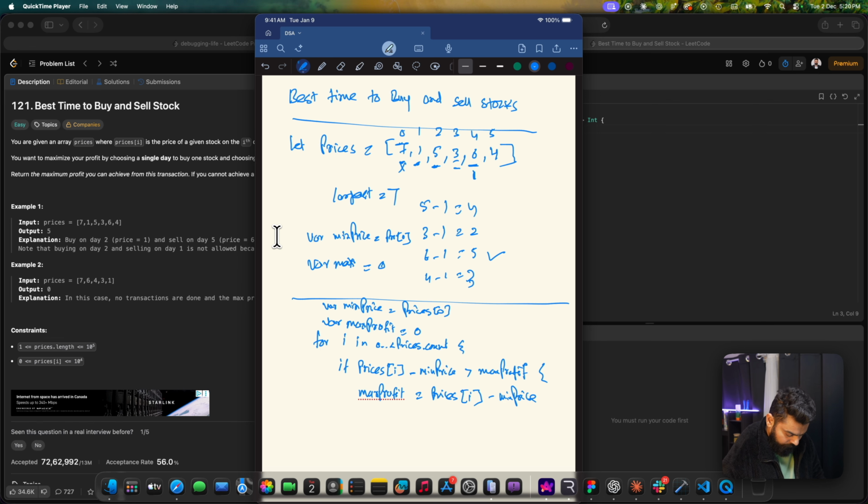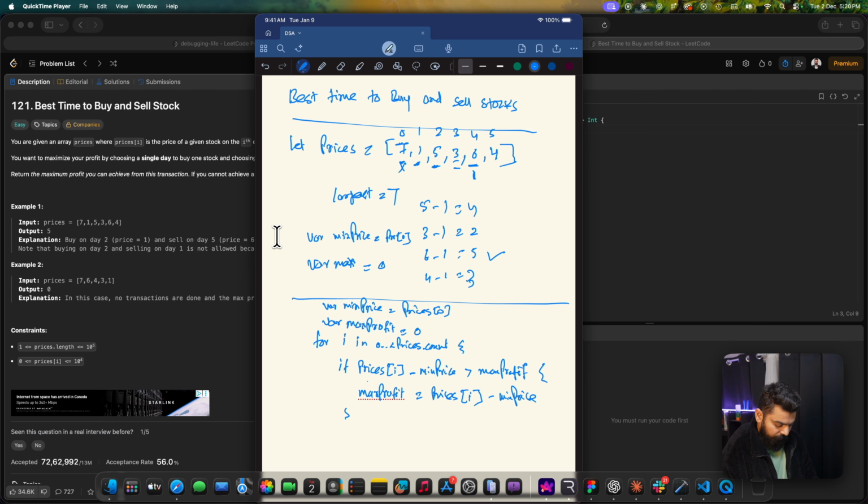So when I'm iterating here, suppose we have prices i and min price, and max profit somewhere around 2 or 3, and max profit we have 0 right now, right?